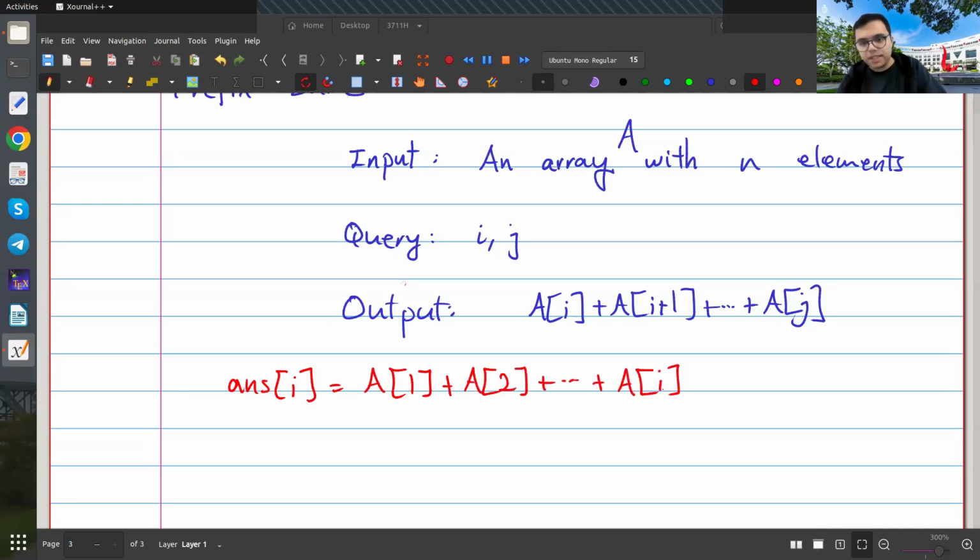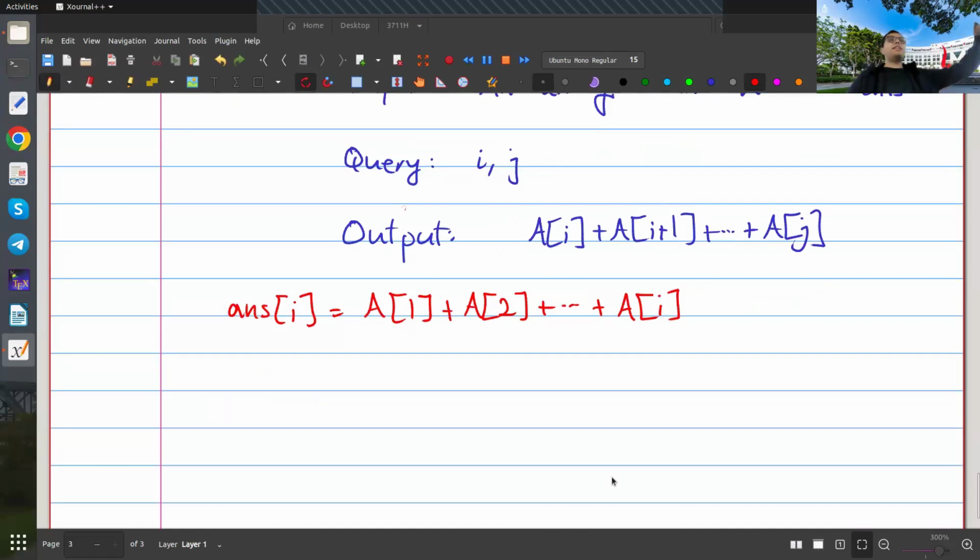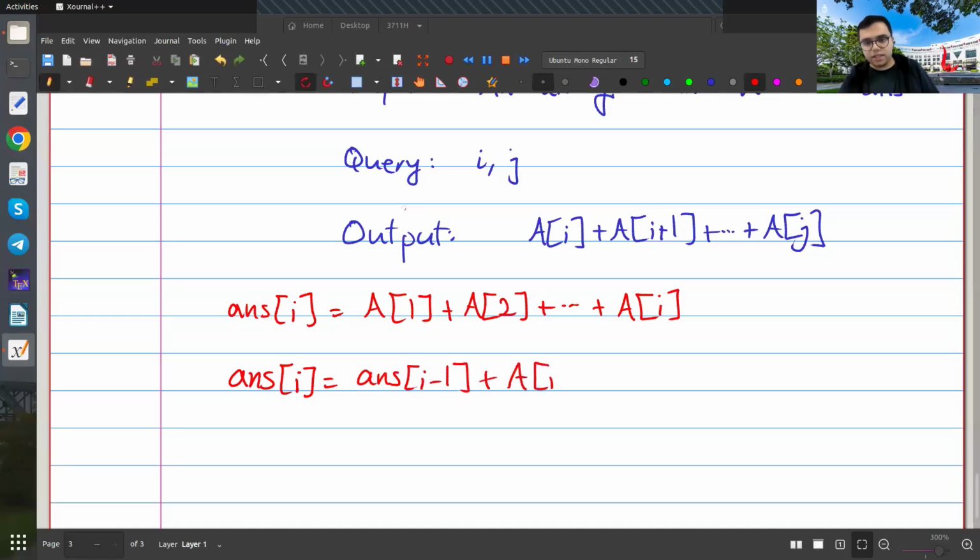So the sum of the first i elements of my array. Now I can easily compute this because I can just start from the beginning of my array, go forward and sum everything up, right? So if I want to write it as a dynamic programming, it's basically saying that ans(i) is ans(i minus 1) plus A_i. Pretty easy to compute all of these in linear time.